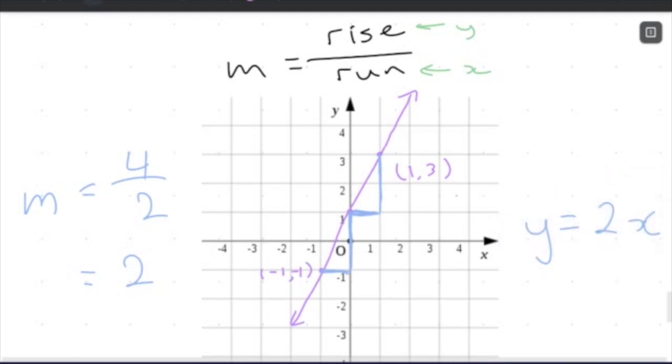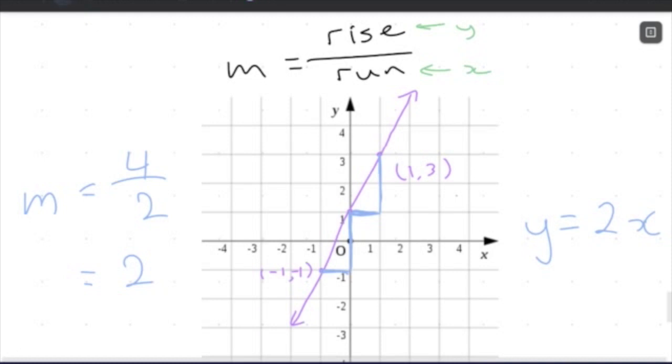Now, one more little point I'll mention, because we're going to keep talking about the gradient, but a very important thing to understand here is that the gradient of a line is constant. So it will always be 2 no matter where we go along the graph, if this is in fact a line.